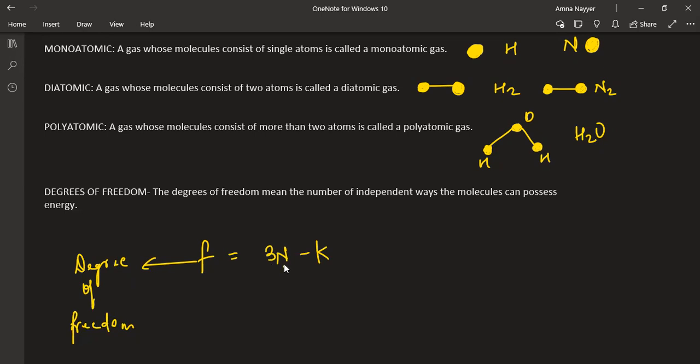3 is a constant. n is the number of particles in the system.